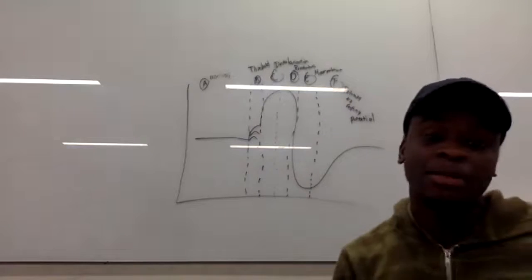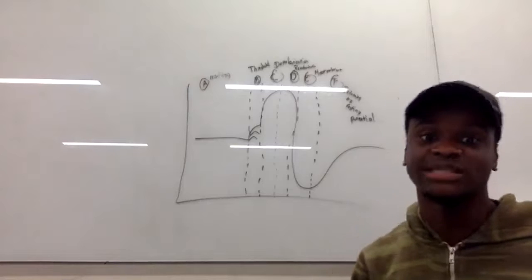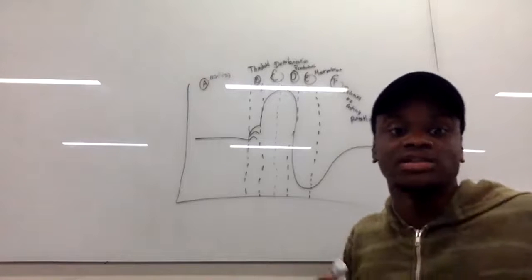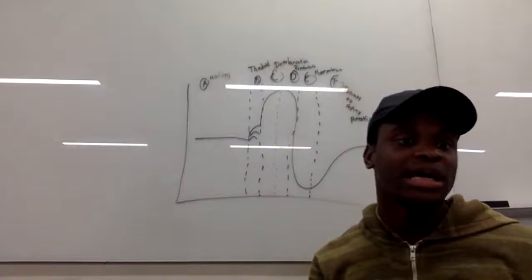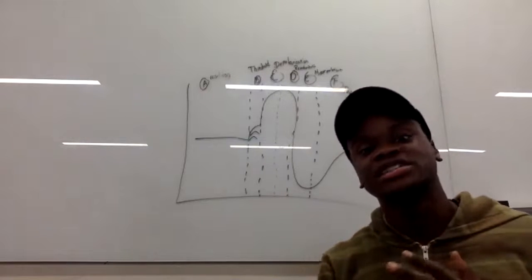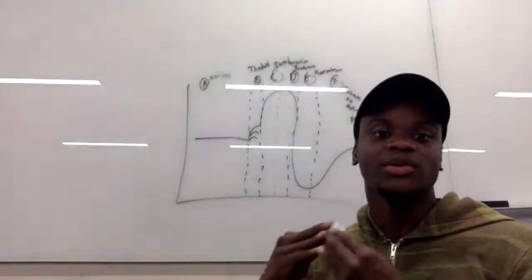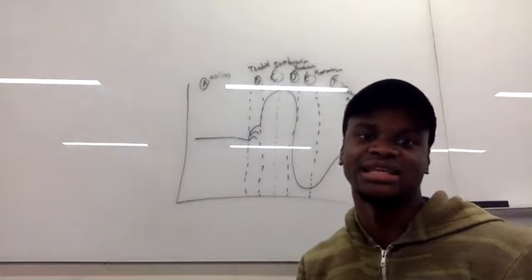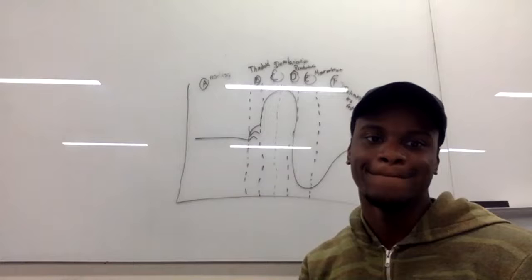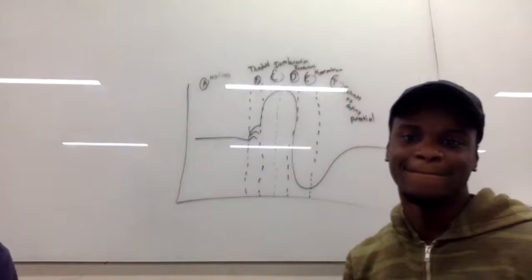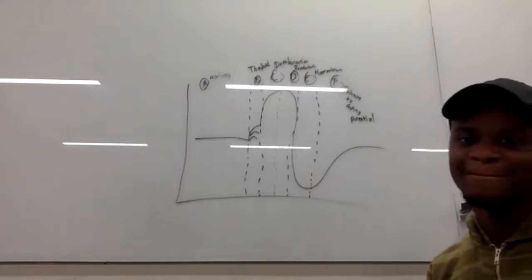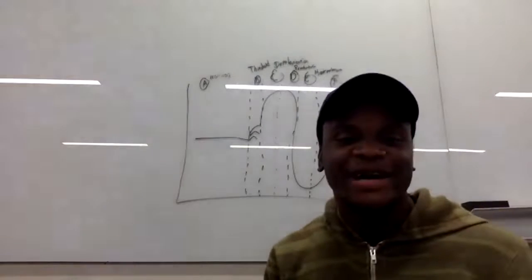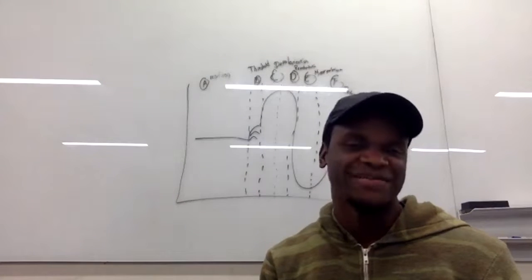Step B. As we hit hyperpolarization, we need somehow to get back to resting membrane potential. What protein's function do we know is to restore the gradient of the respective ions within the cell? That's correct. The sodium-potassium pump.